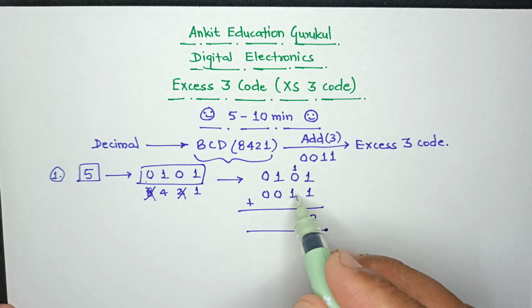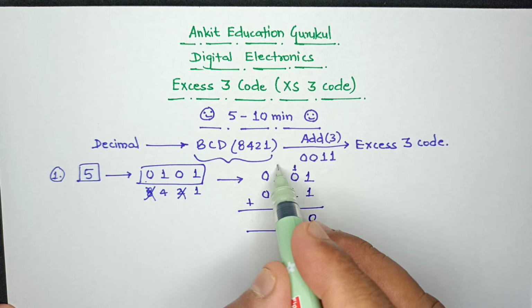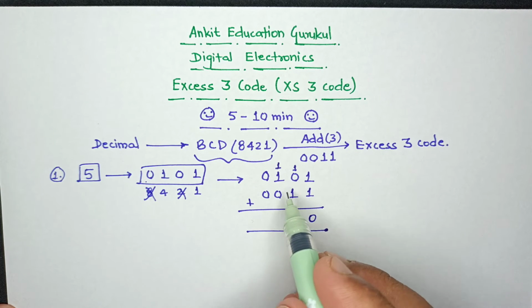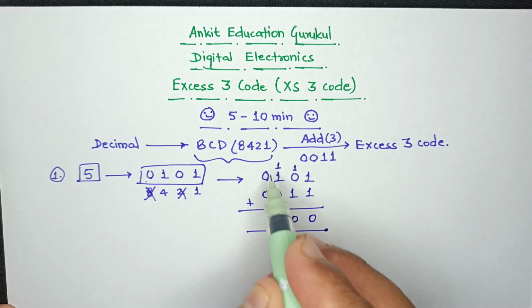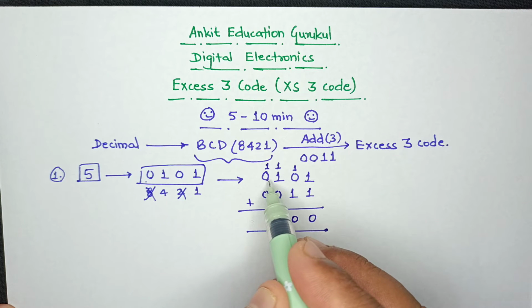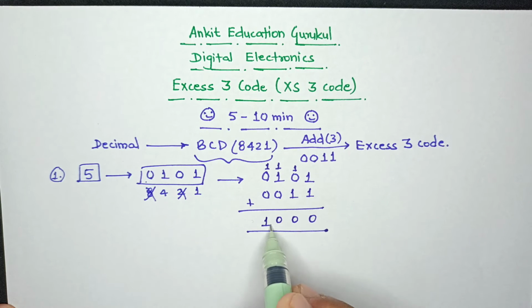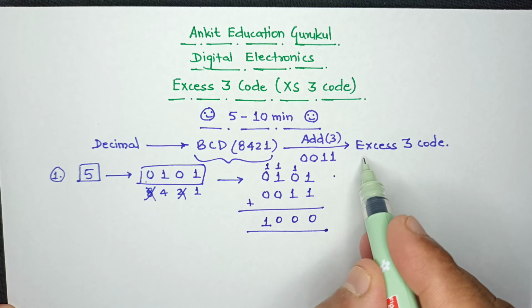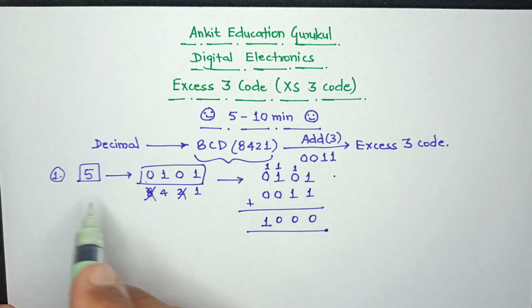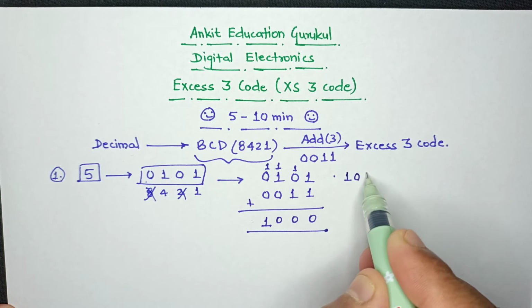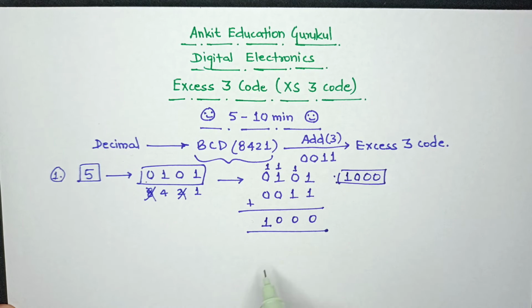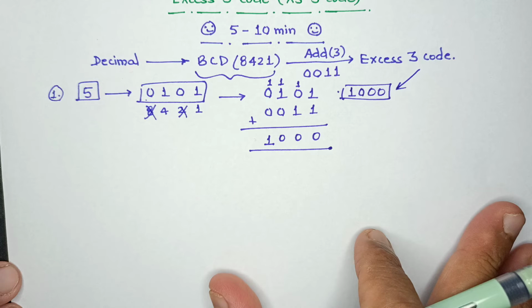Then 1 plus 1 again becomes 10, so this is 0 and 1 is carried forward again. Now this is 1 plus 1, 10, so 1 is carried forward. Then 1 plus 0 is 1. So the XS3 code for the number 5 is 1000. This is how you generate XS3 codes.